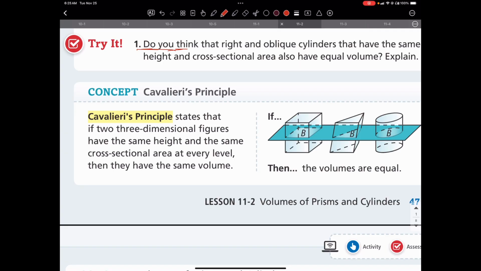Same height, same cross-sectional area at every level, then they have the same volume. What they mean by cross-sectional area is if you were to slice any one of them, the same slice, same thickness, if the area of that slice is the same, that's a cross-sectional area. So that's what they're referring to.